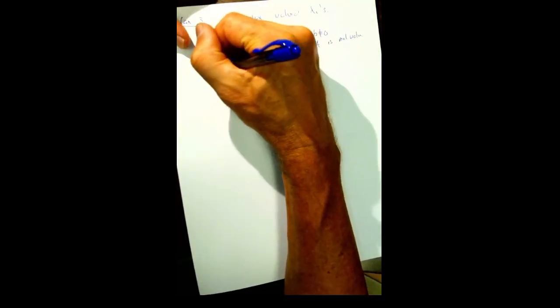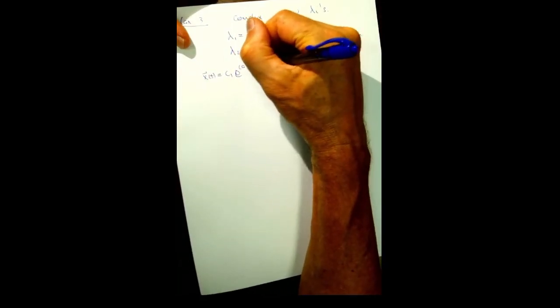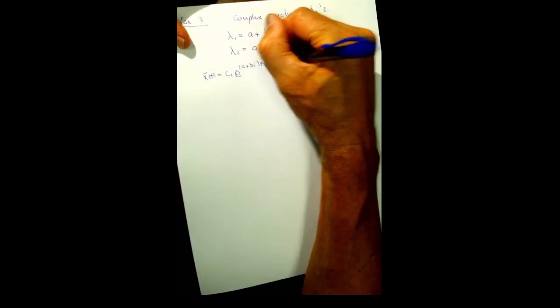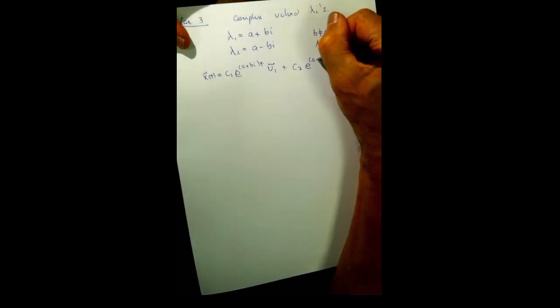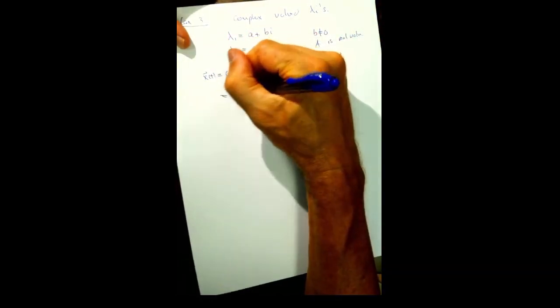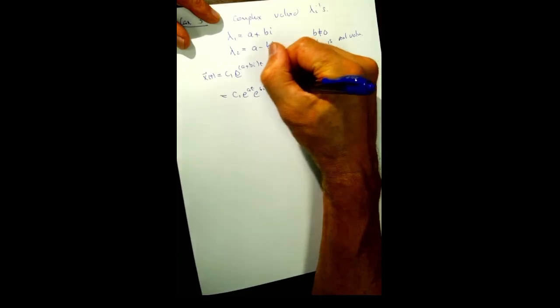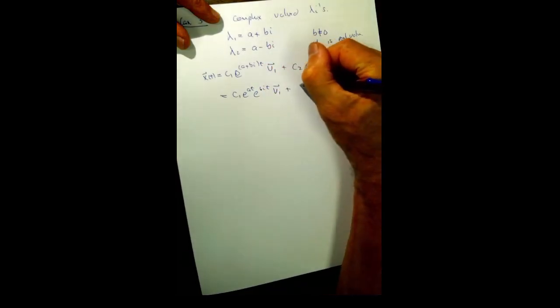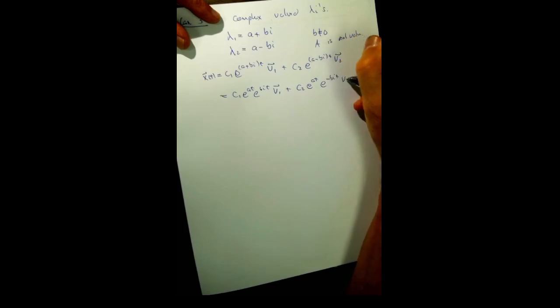And now my x is going to be C1 e to the (A plus BI)T V1 plus C2 e to the (A minus BI)T V2. And we just saw we can write this as C1 e to the AT e to the BIT V1 plus C2 e to the AT e to the minus BIT V2.